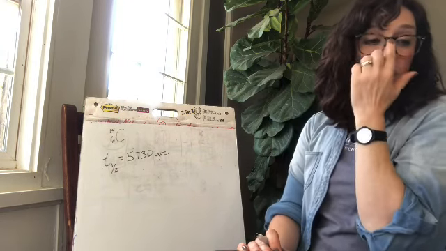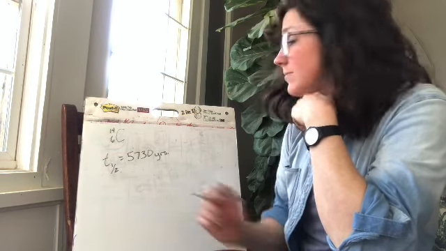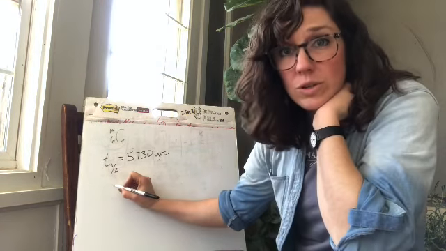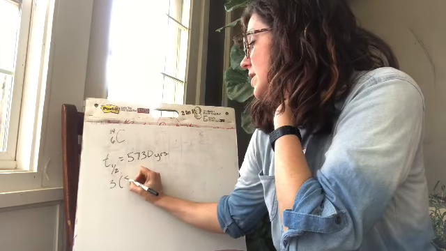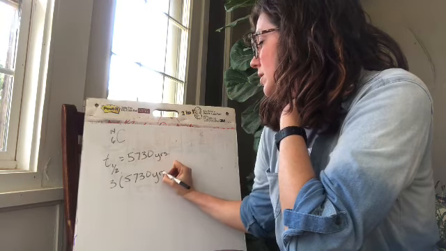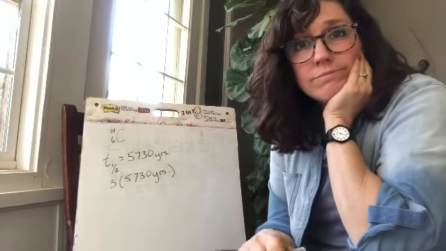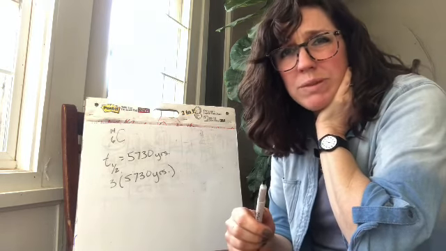So what they want to know is how long does it take to reach 3 half-lives? This is so simple, guys. 3 times 5,730 years. It's like asking, how long does it take for you to have 3 birthdays?